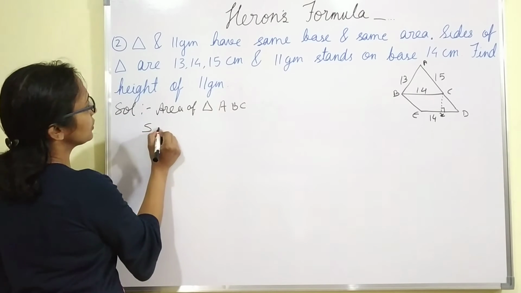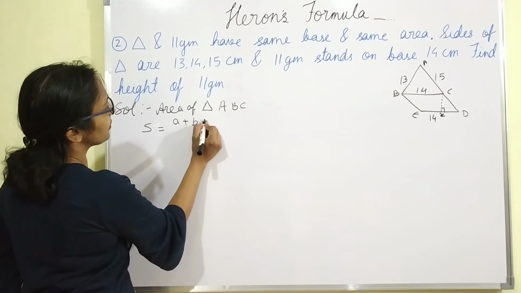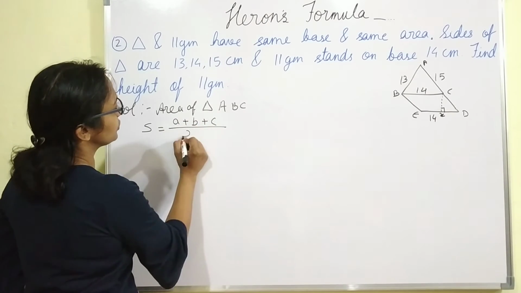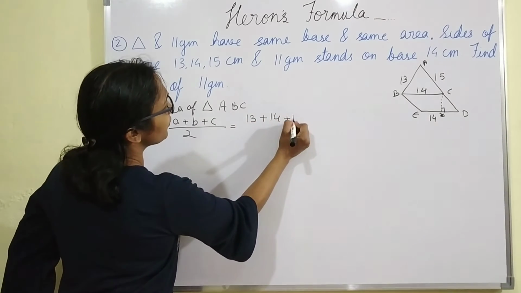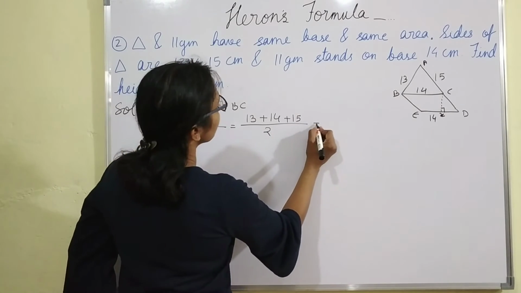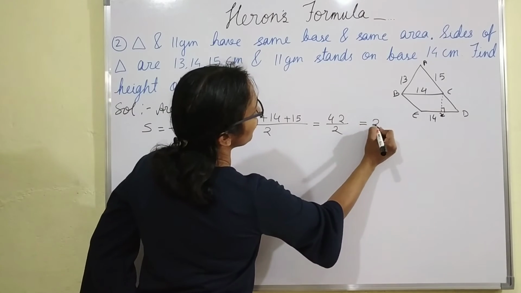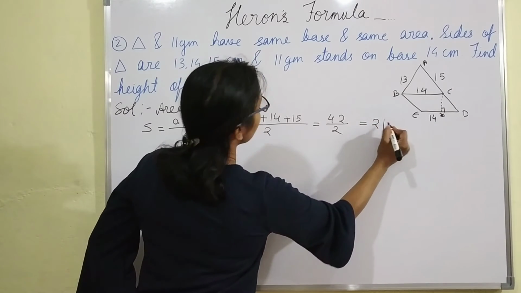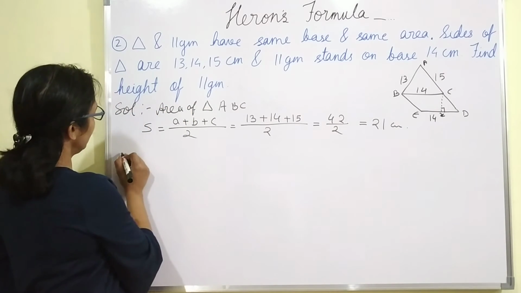So S equals A plus B plus C divided by 2, means 13 plus 14 plus 15 divided by 2, 42 divided by 2. So the value of S is 21 centimeter.